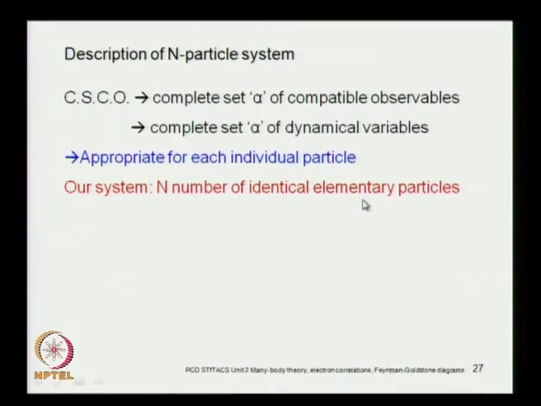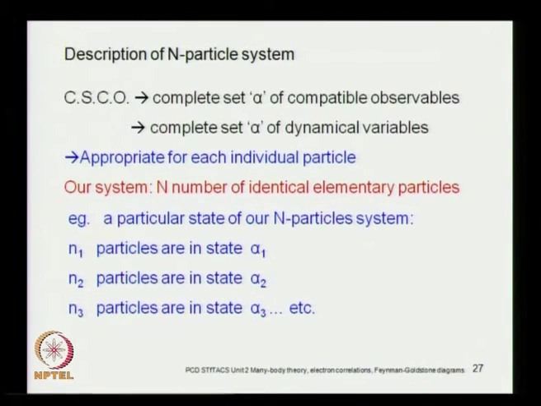So, the individuality of the particle, that idea is carried over, but so is the indistinguishability, okay. So is the statistics, and so are now also the many body correlations.